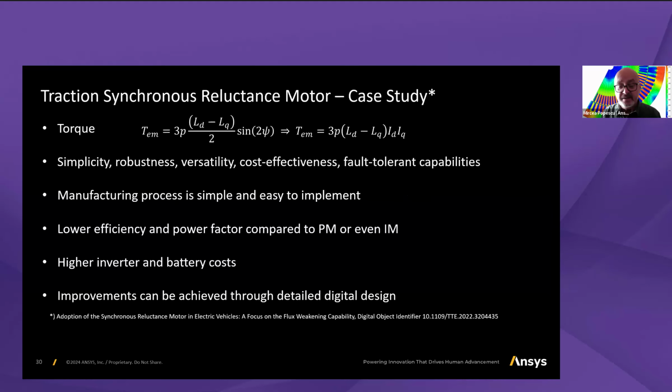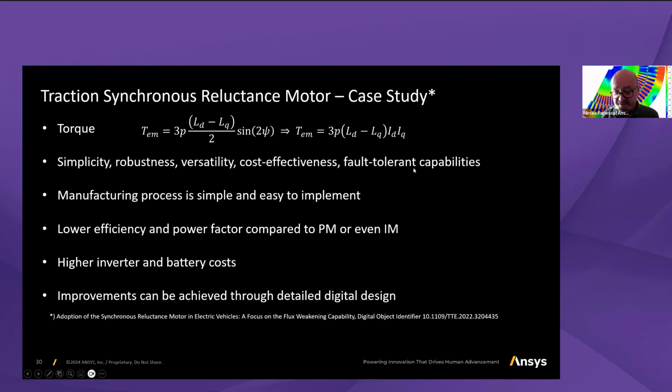Another machine that I would like to briefly present you is the synchronous reluctance machine. The torque equation displayed here, you notice, is already known. This torque is proportional to the saliency ratio and the current, and not directly depending on the rotor field.